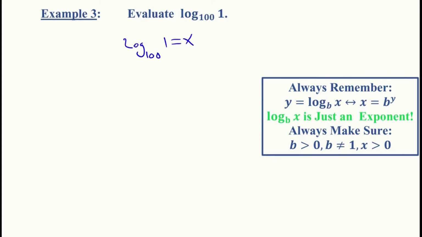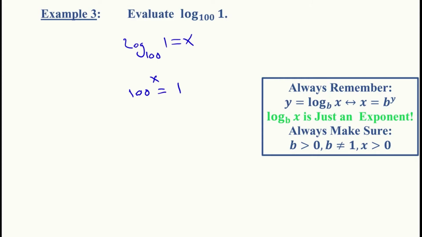Remember, the base, which is 100, is also going to be the base of the exponential equivalent, and the entire log, all of that, which is x, is going to be the exponent, and the argument is going to be the whole power, so equals 1. So now we have to ask ourselves, 100 to what power could possibly be 1?